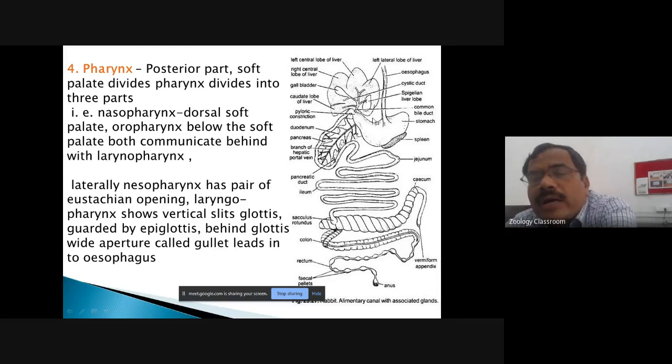The cardiac stomach and the pyloric stomach remain parallel with each other. Here a sphincter wall is present, called the pyloric constriction or pyloric sphincter. From this pyloric sphincter onward, the small intestine starts. The first portion of the small intestine forms a U-shaped loop. This portion is called the duodenum.